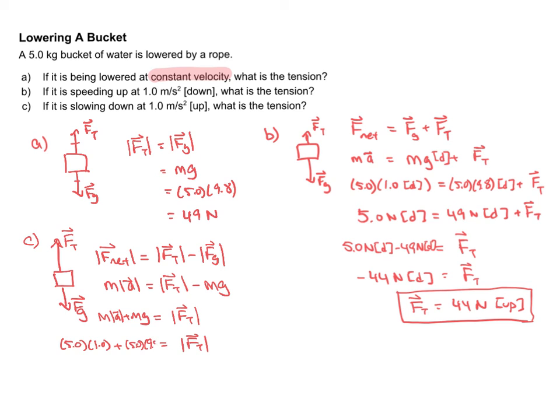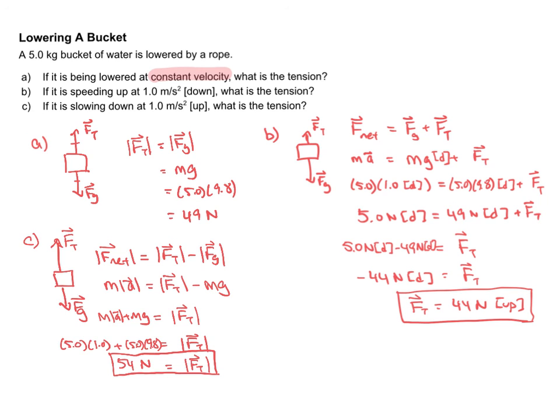It's 5 times 1. It's not 5 times negative 1 because it's the magnitude of the acceleration I'm looking at. Magnitude does not care about positives and negatives. So that'll be basically 5 plus 49, which will be 54 newtons. And I know this is just the magnitude. You may say, oh, don't we have to give the direction in the answer?